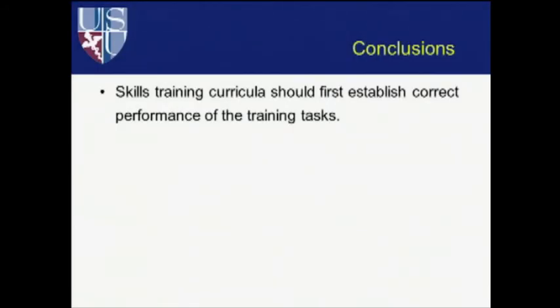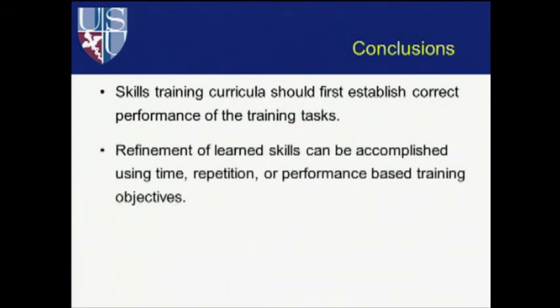So in conclusion, I think that we can say that skills training curricula should obviously first establish correct performance of the training task, to make sure that if you go into one of these reinforced deliberate practice scenarios, you're not training someone to do something incorrectly, because the worst scenario we can get into is trying to unlearn a habit that has been reinforced through proficiency-based training.